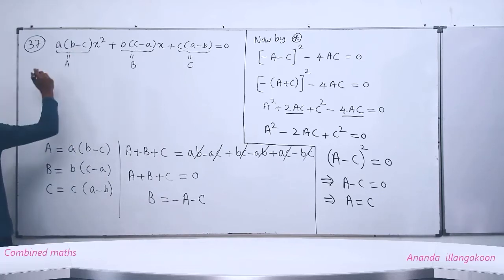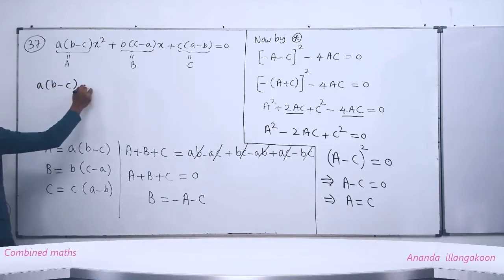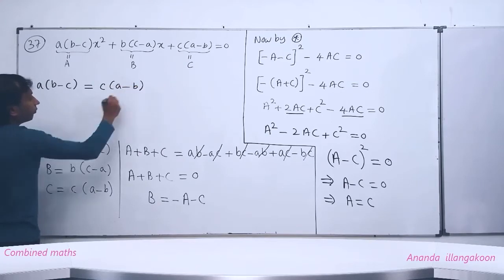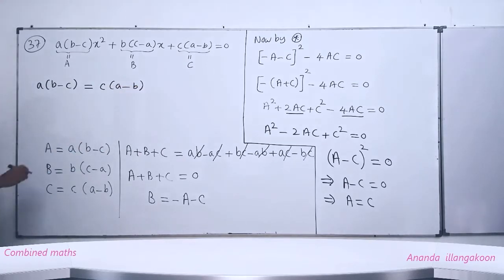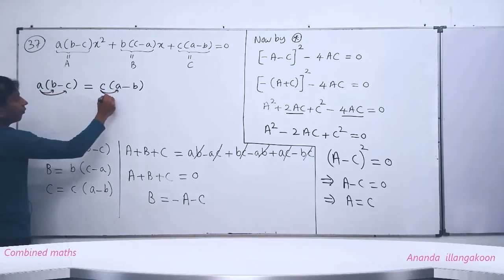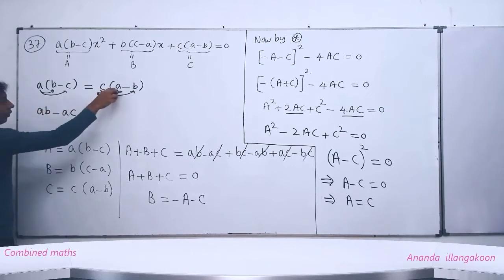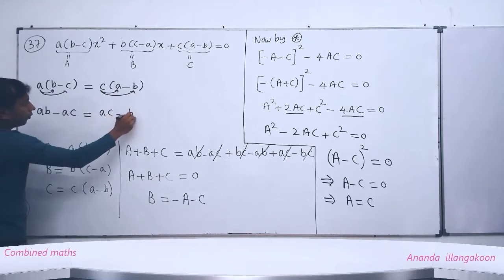A is this. A times B minus C equals C times A minus B. Now people, we remove the bracket, multiplying this way. What do you get? AB here minus AC equals CA, which means AC minus BC.